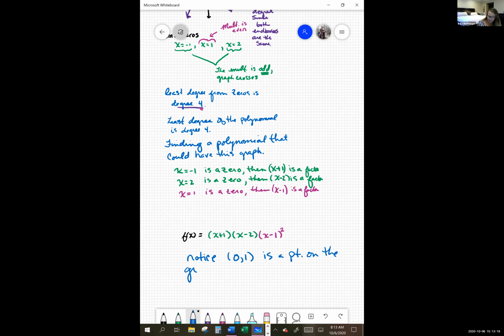So technically, we could have a polynomial that looks like this, but we could have any coefficient, any number out here, and we would have the same zeros and the same end behaviors. The other thing we need to know is that the end behavior shoots down.